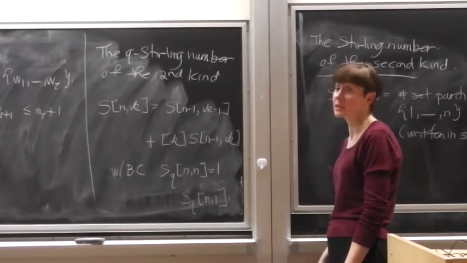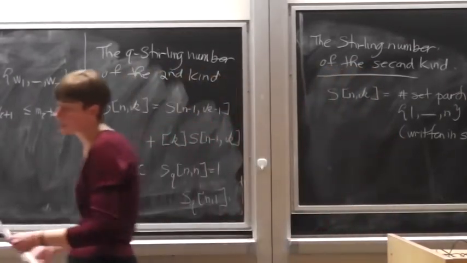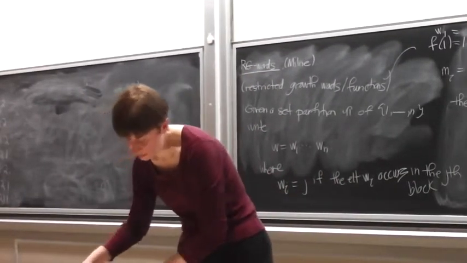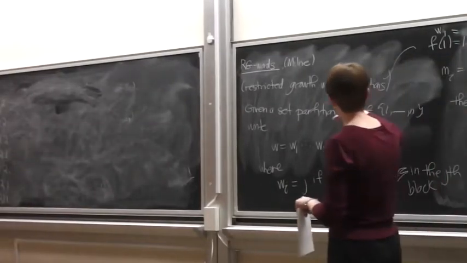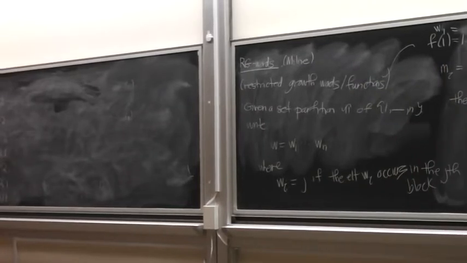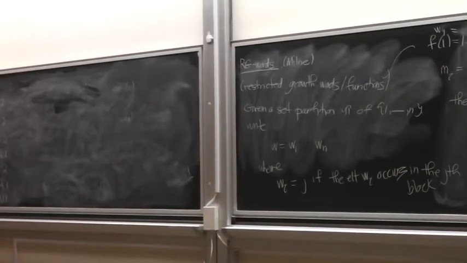So let's actually give a statistic that generates these things. So this is a weight statistic. Let's call these restricted growth words corresponding to this q-Stirling number script R_{n,k}, just to call it something.